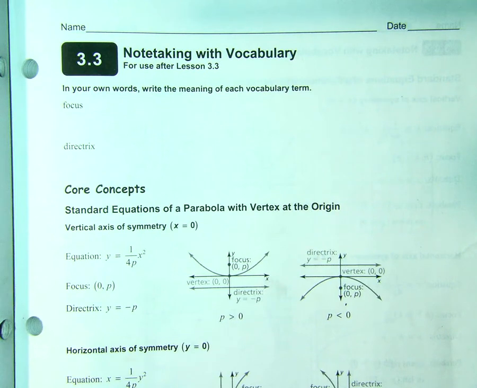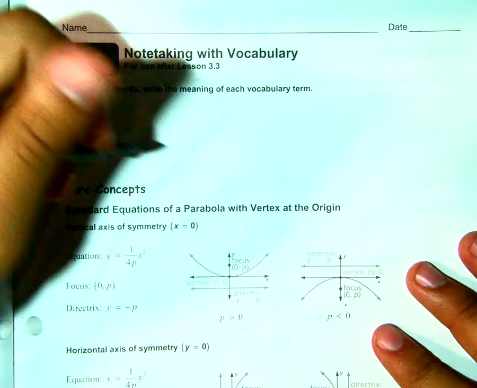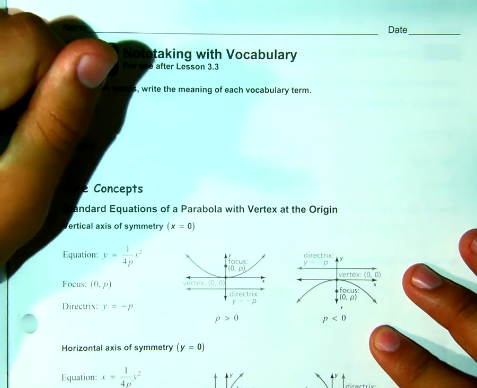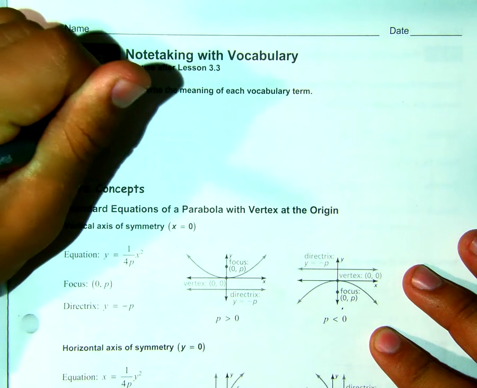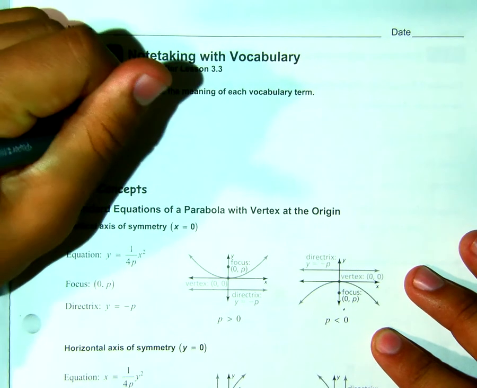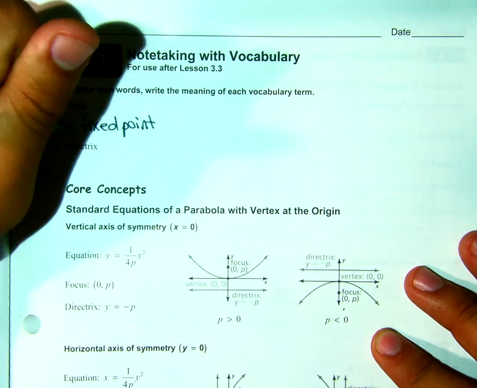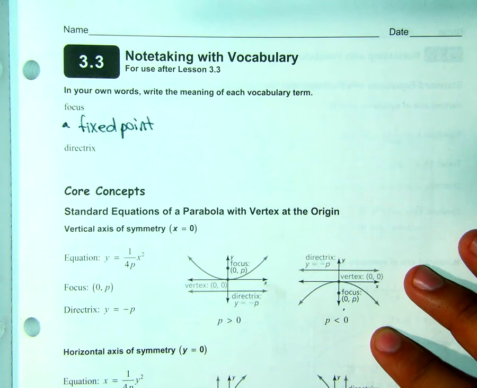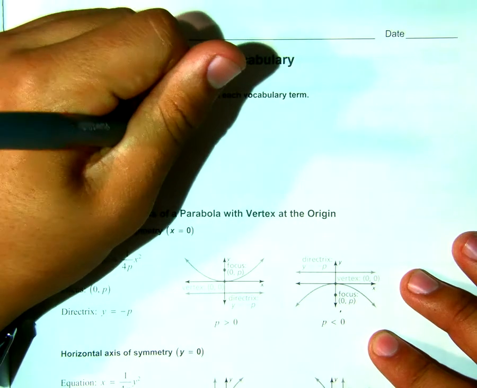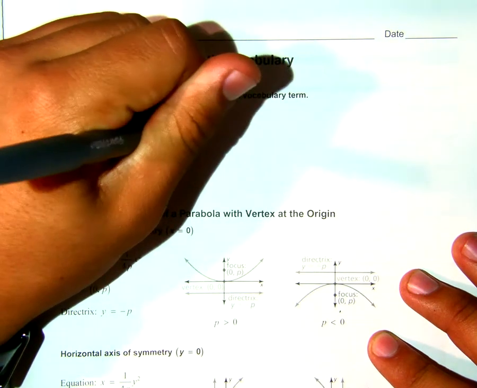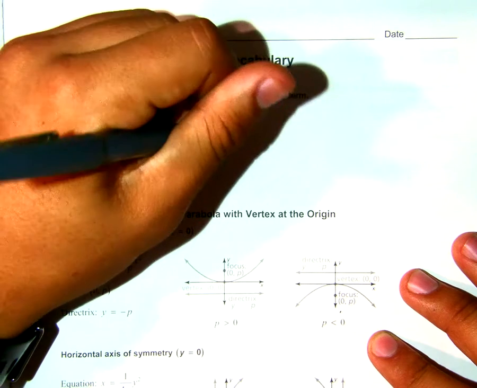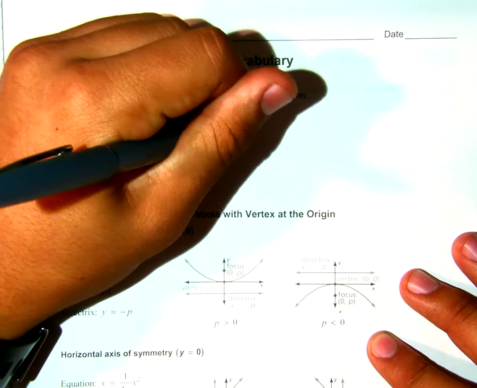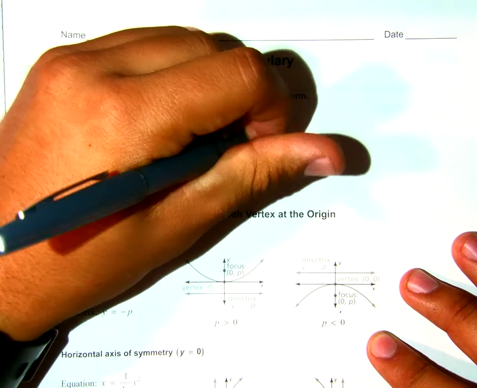Okay, so there's three things I want to make sure that you guys have when we define focus, and that is first a fixed point. Okay, fixed point, and second, inside the parabola.